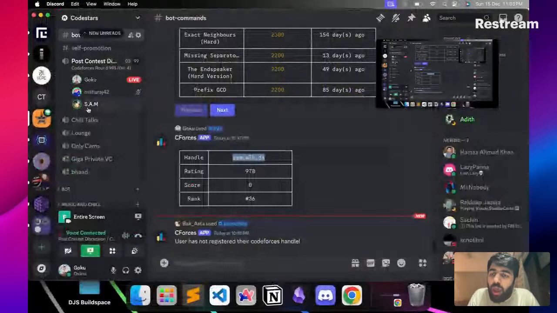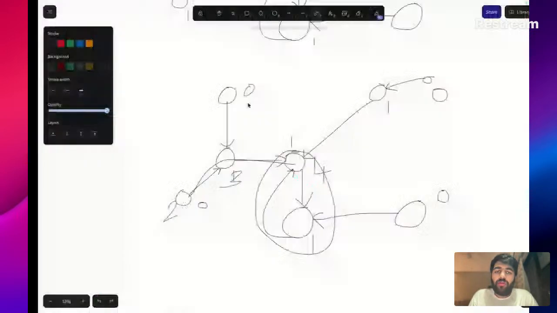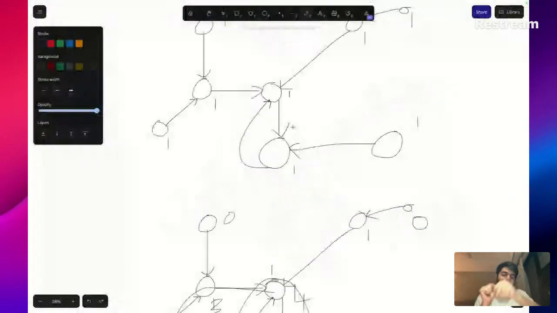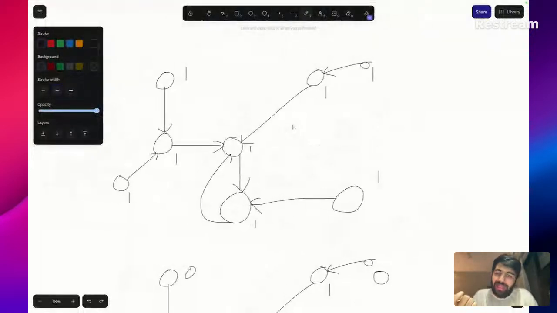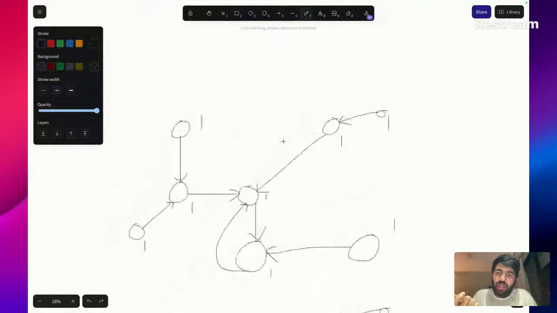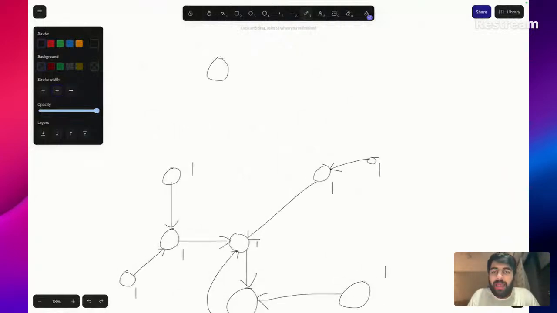Why will there be only one cycle? Because there are n nodes and n edges. Now if there are n edges, from one node it will go to exactly one other node, and there is an edge from every node. My bad, I didn't mention that, but there is an edge from every node.